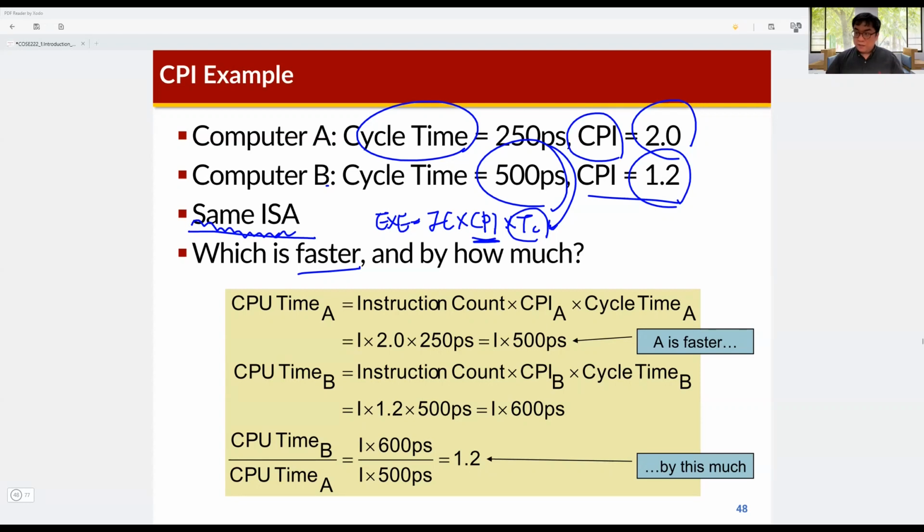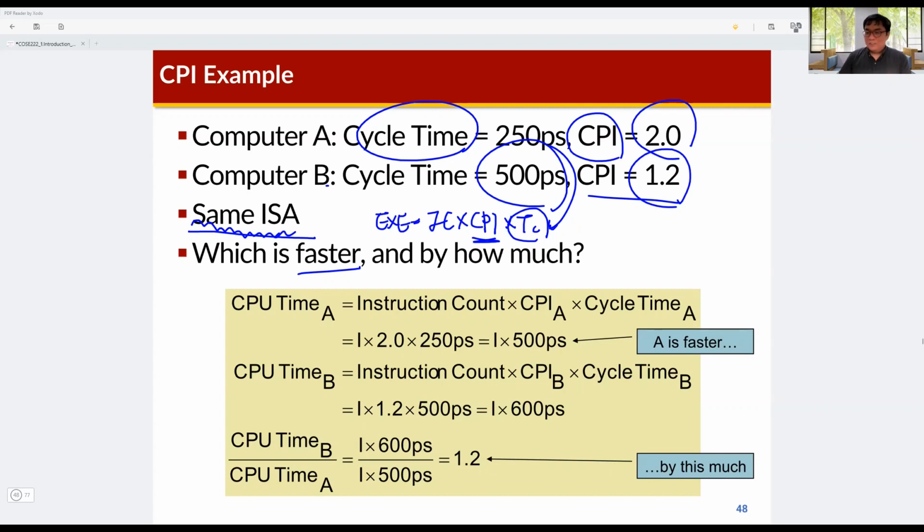With the same ISA, the same program, and the same compiler, the same number of instructions will be generated from this same software. So software, instruction set architecture, and compiler are the same. Three factors are the same. Then the instruction count will be the same.